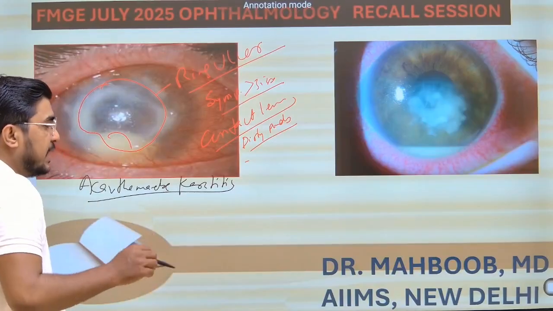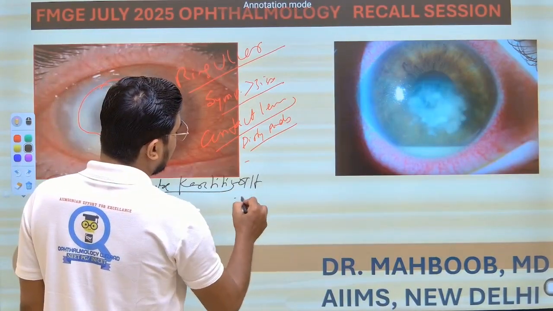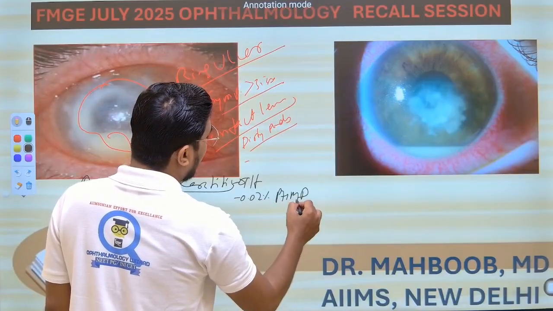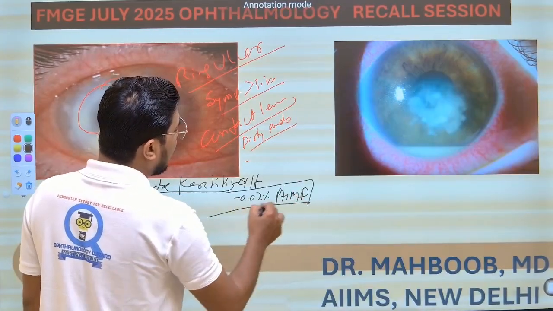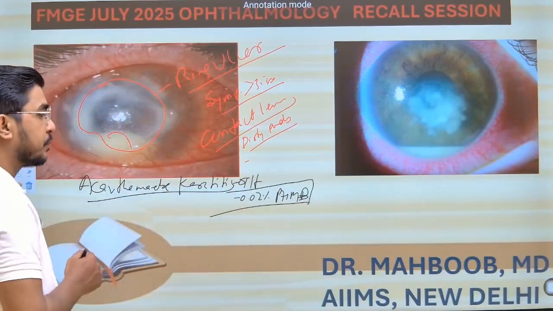Second thing to understand here is that the treatment is 0.02% PHMB, polyhexamethylene biguanide, PHMB, right?